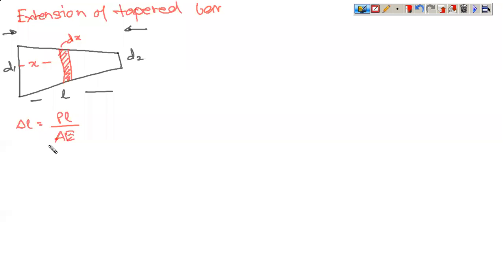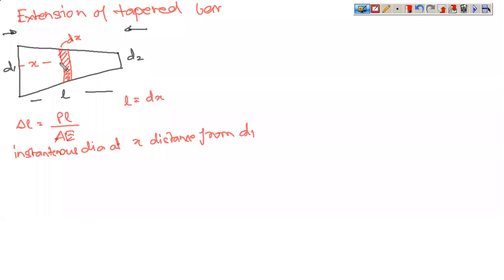Here the length of the element is dx. The diameter is d1 at one end and d2 at the other, so there is some instantaneous diameter here. Let us find the instantaneous diameter at distance x from d1.